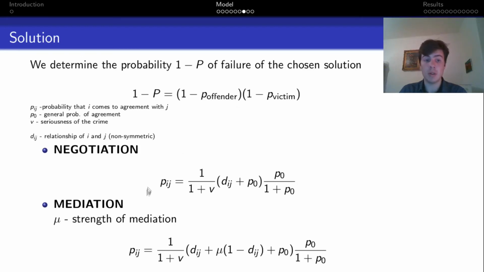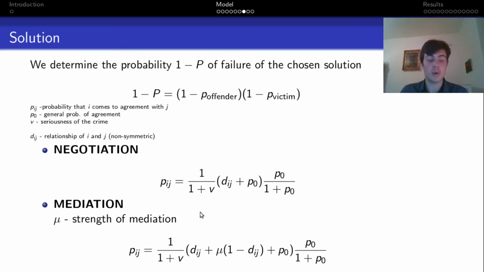This probability depends on the seriousness of the crime, then their relationship that is given by our social network, and the general probability of agreement. That's the probability that two very close people would agree on something absolutely irrelevant.